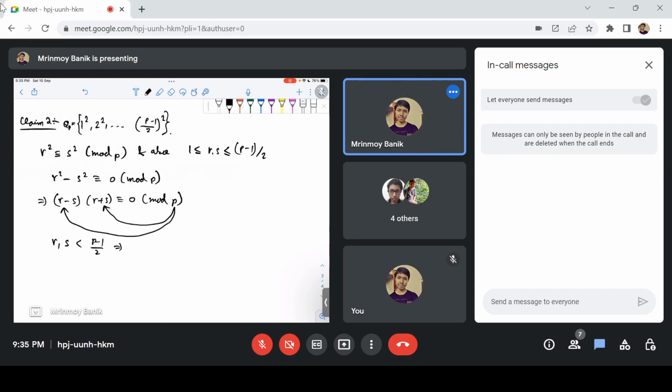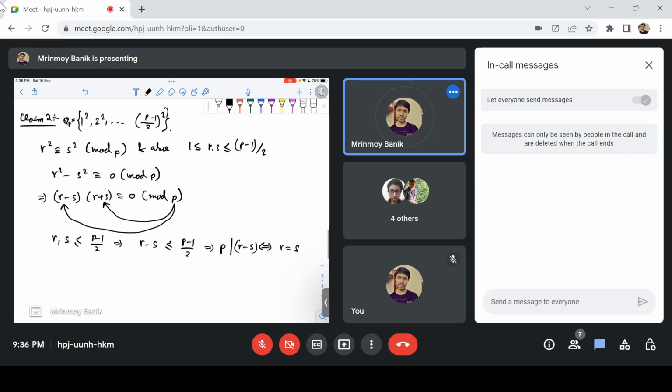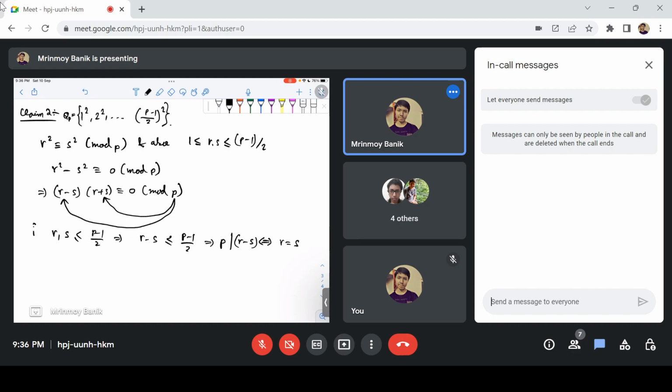That forces r minus s to also be less than p minus 1 by 2 in absolute value. There's inequality, okay? So p divides r minus s if and only if r is equal to s. In that case, r minus s would be 0 anyways. So that's one possibility. The second possibility is the second factor.